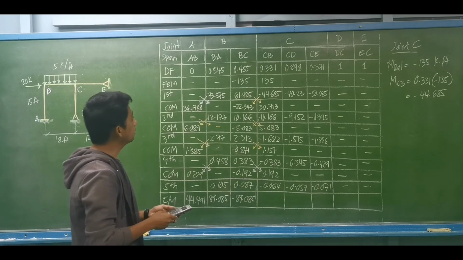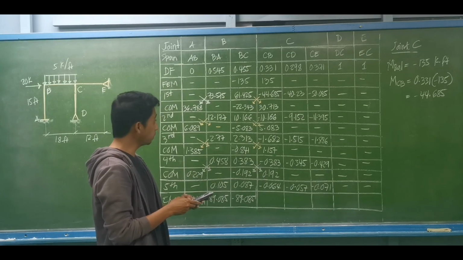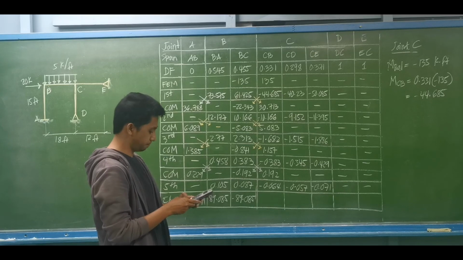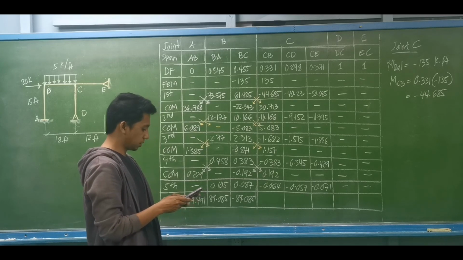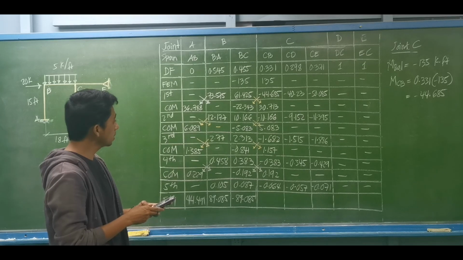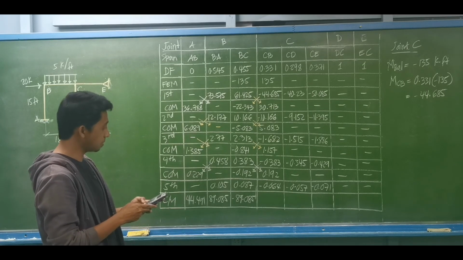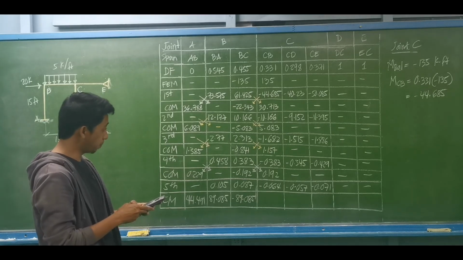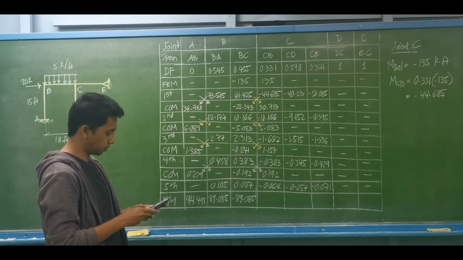Then we have for CB, this is 135 minus 44.685 plus 30.713 minus 10.166 plus 5.083 minus 1.682 plus 1.157 minus 0.383 plus 0.192 minus 0.064.